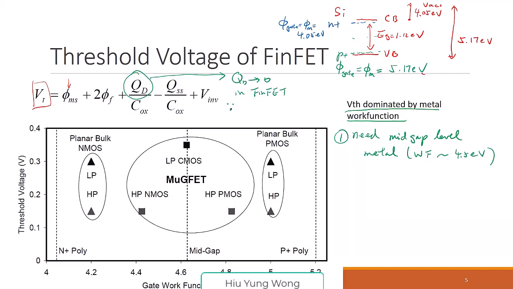I said when you scale the bulk transistor, you run into a lot of problems because it requires you to increase the substrate doping, increase QD, right? So now in FinFET, we just remove it. Why is it going to help? What are the benefits? Do you remember? What's the problem when you have high doping for bulk?